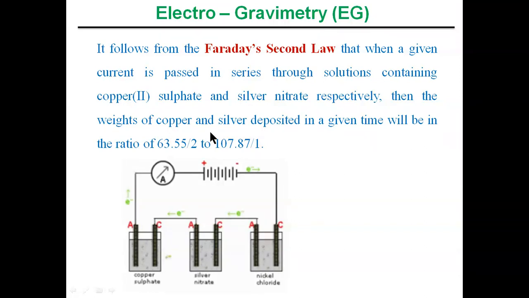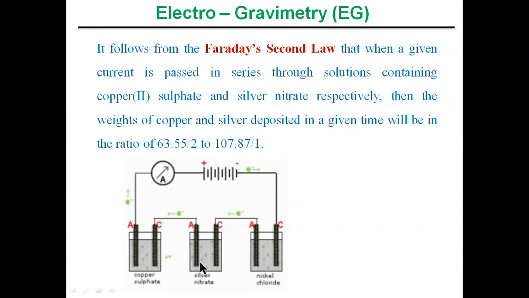And then if you take silver, elemental silver is 0, and once it is dissolved it becomes Ag plus. It dissolves or is liberated at the anode, and then it is deposited on the cathode from Ag plus 1 to Ag 0.